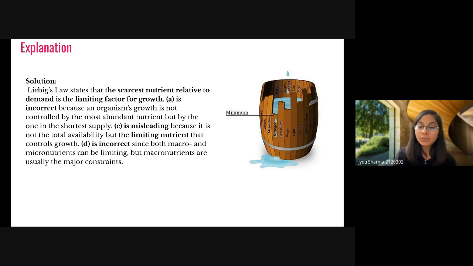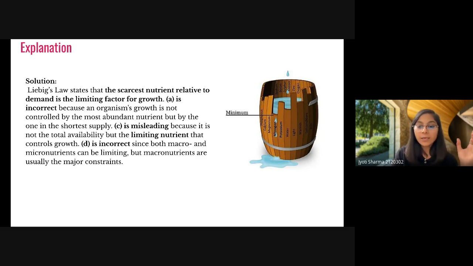So according to the law of the minimum, the growth of that organism is determined by the nutrient that is available in a very low quantity with respect to the quantity that is required. For example, if we needed 10 mg of nitrogen, but we have just 5 mg, then this will disrupt the growth, right?